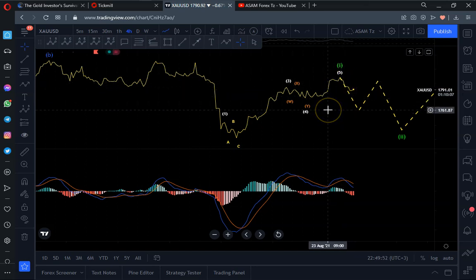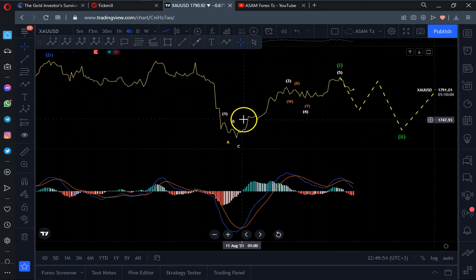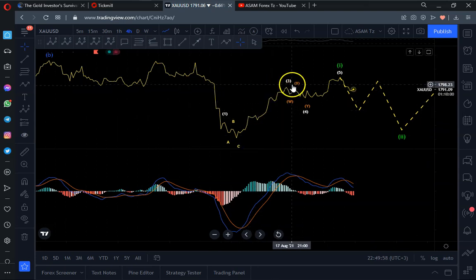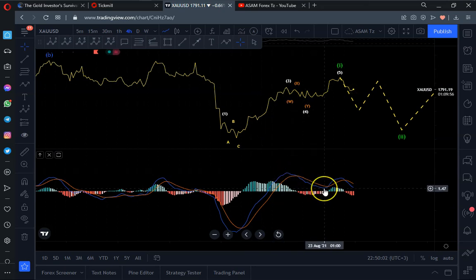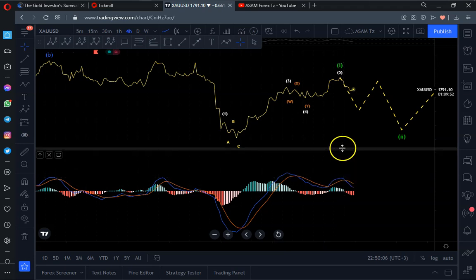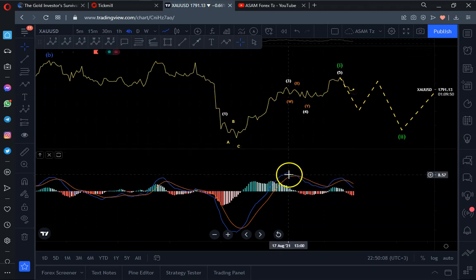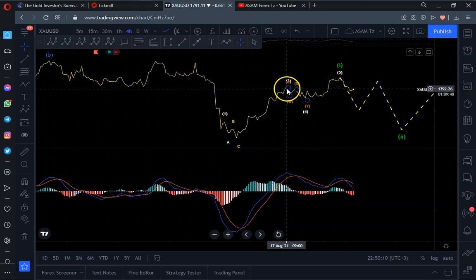So now the idea here is price and MACD, they were forming higher highs up to this point. So it went down, so we were expecting this point to be higher than this previous one. That's how it is in the price. Now this point is higher than this previous.